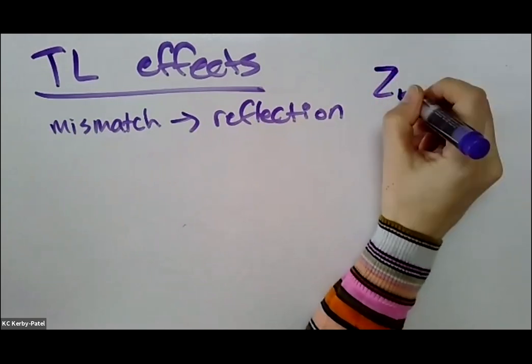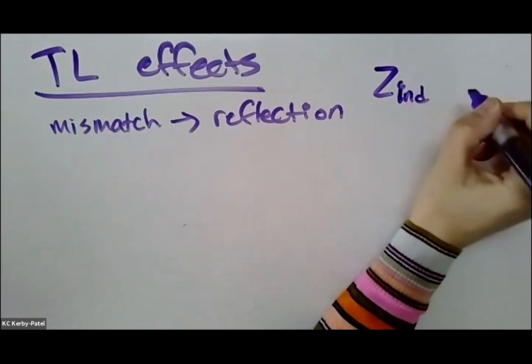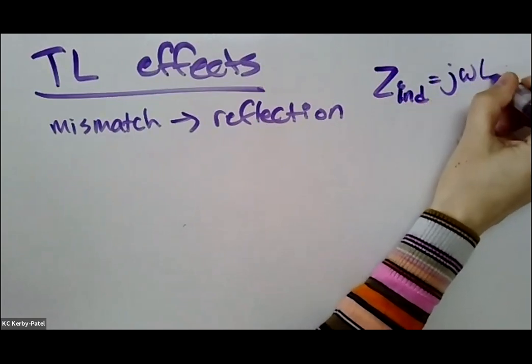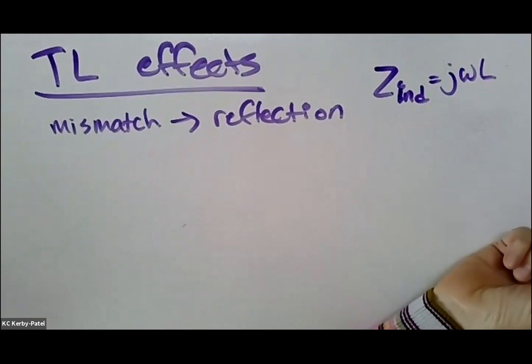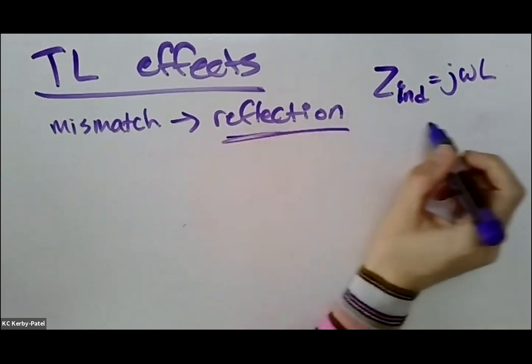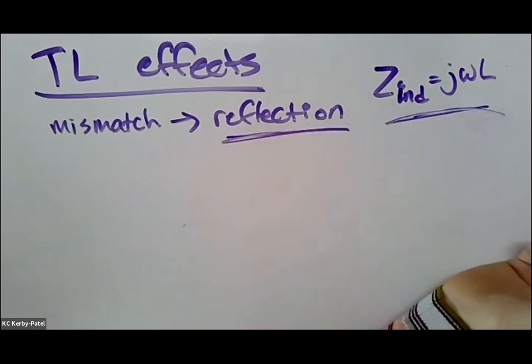If I just write the impedance down for an inductor, that's j omega L. Well, that depends on frequency. So my reflection coefficient for something that involves an inductor is going to depend on frequency. Obviously, this can change the shape of your signal. That's a signal integrity issue.